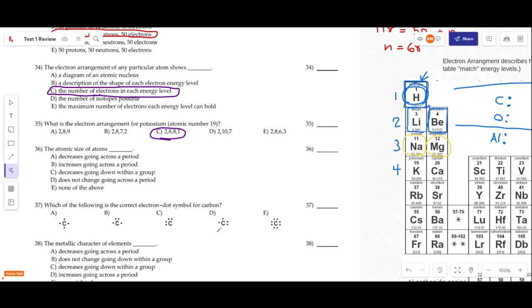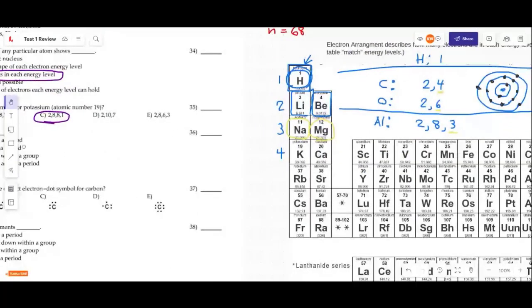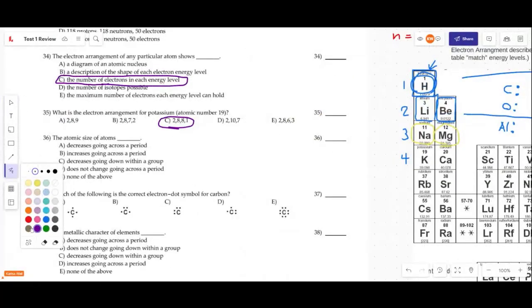This is another reason why I'm not a fan of the way the 1406 course is taught, because it doesn't give you any of the background knowledge you need to know these things. It's counterintuitive. It does not make sense that the atomic size of an atom would decrease going across the period. But if the nucleus is the size of a basketball, then the atom would actually be the size of Texas Stadium.